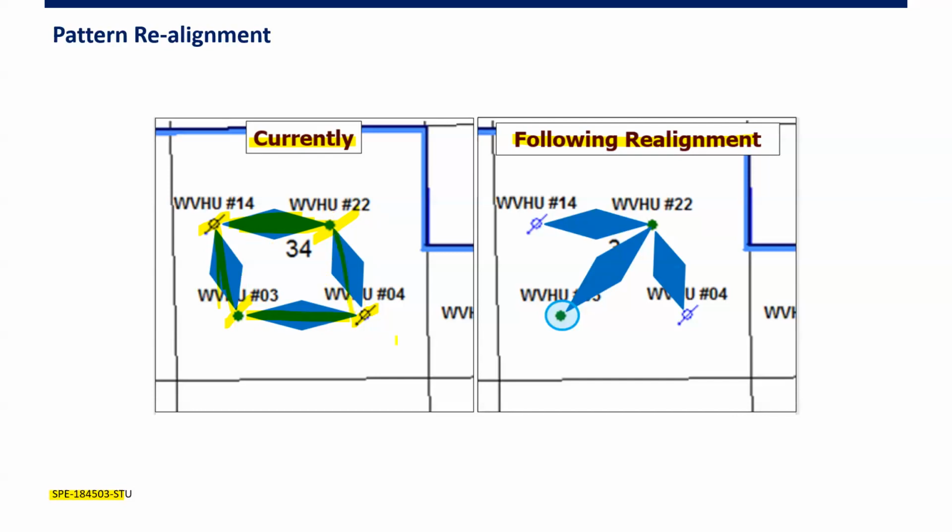Very simple. And you can see we have bypassed oil here that is uncontacted by the producer. The oil somewhere here in the middle somehow cannot be drained by the two producers, either producer 3 or producer 22. Right?